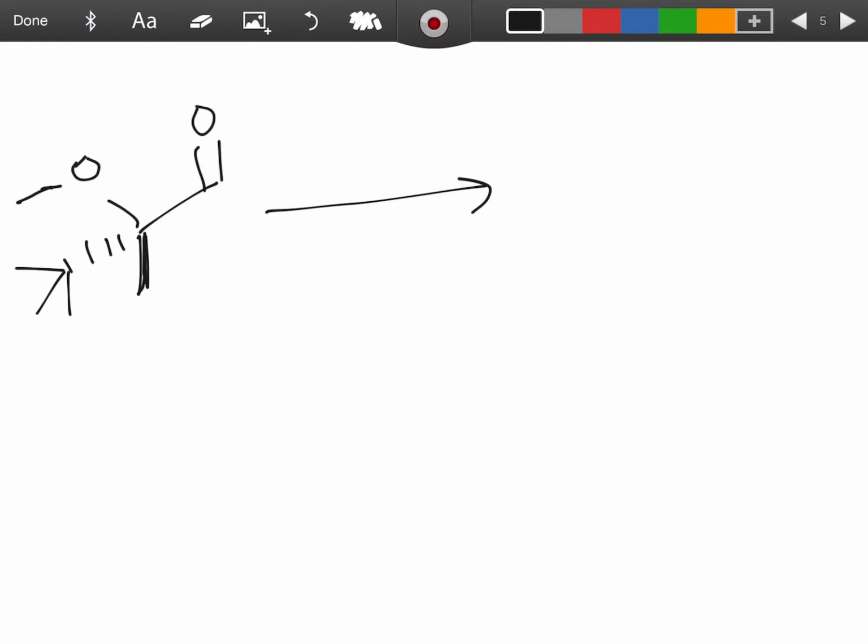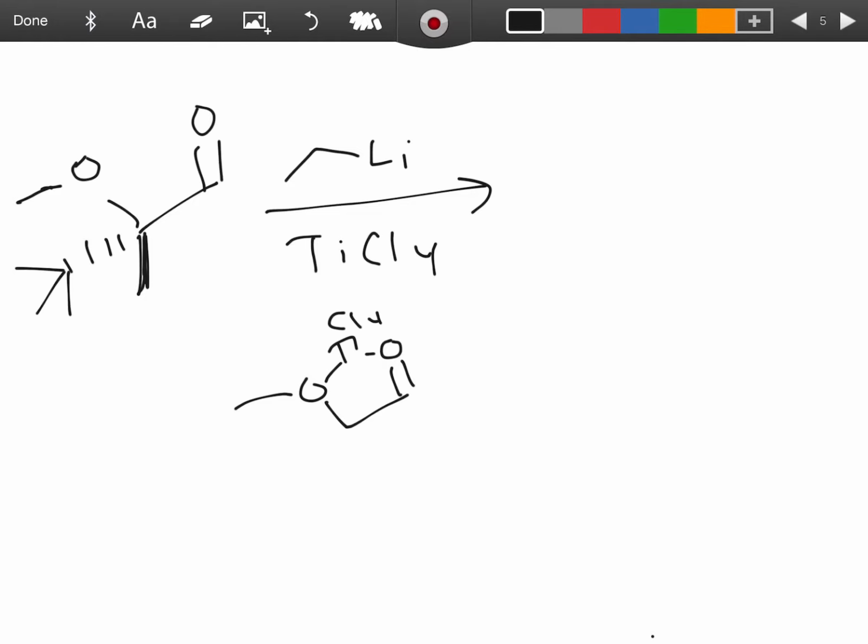If you had, let's say, this, and so you had tin chloride, the tin's job is going to be to grab the two oxygens and hold it in that chelated shape, SnCl4, whatever.